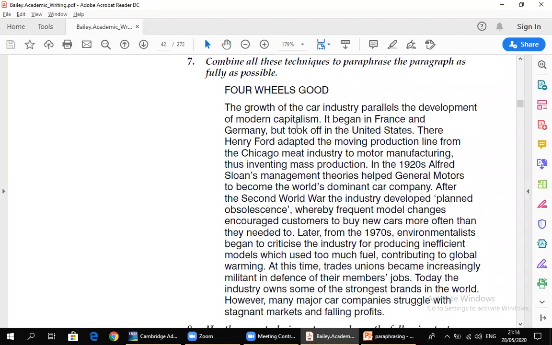So it says, Four wheels good. The growth of the car industry parallels the development of modern capitalism. It began in France and Germany, but took off in the United States. There, Henry Ford adapted the moving production line from the Chicago meat industry to motor manufacturing, thus inventing mass production.